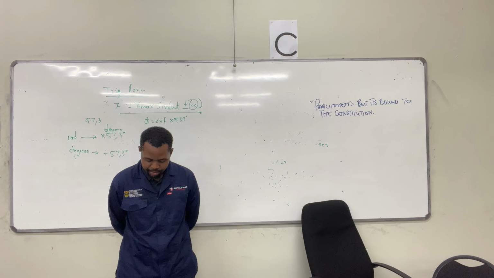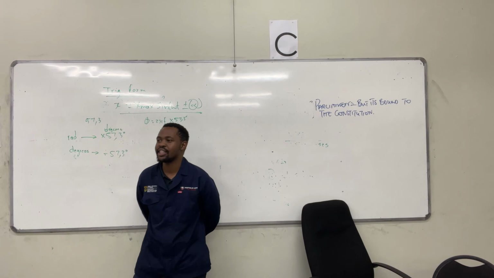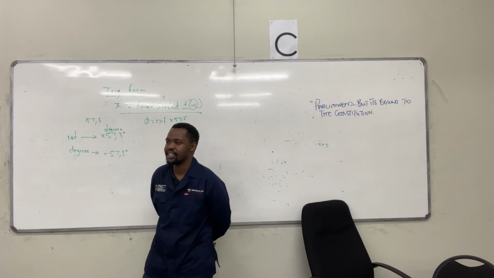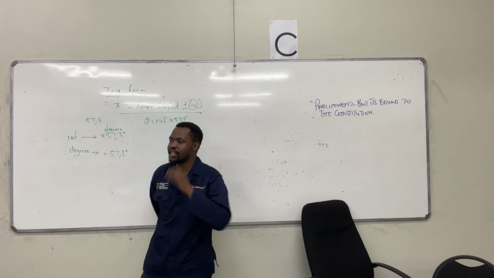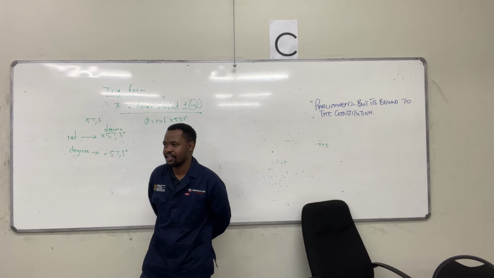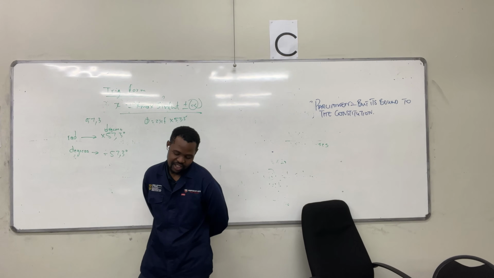RMS value helps us calculate the work that is performed by the circuit, the useful power. Average is just there to help us get a maximum value or a form factor or a crest factor.